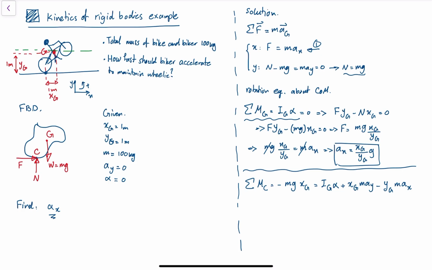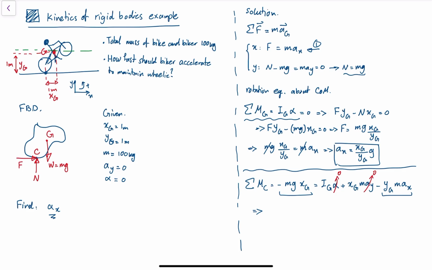So now this is easier because now I bypass the unknown information about N and F. And in one equation, I'm relating all the accelerations together. I note that this is 0 and that one is 0. And the only two terms that remain are this one and that one. And one of them is the unknown I'm looking for. The rest are known. So in one go, I can solve the problem.